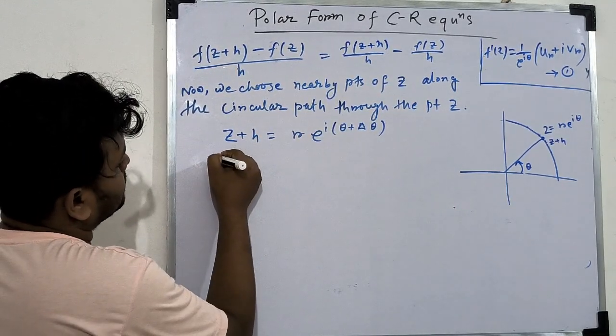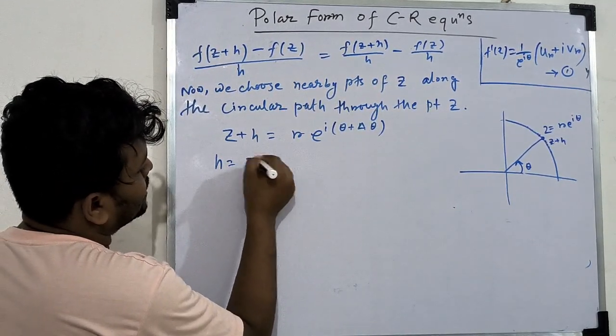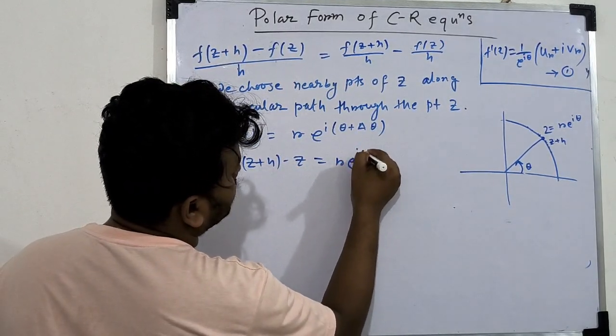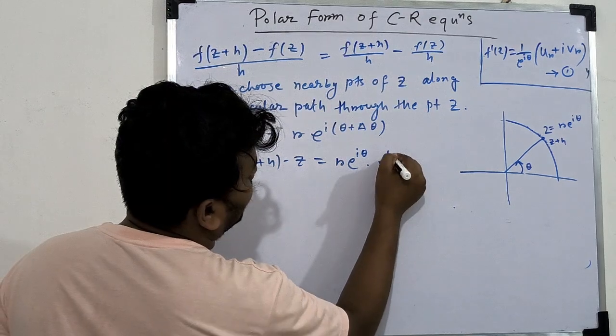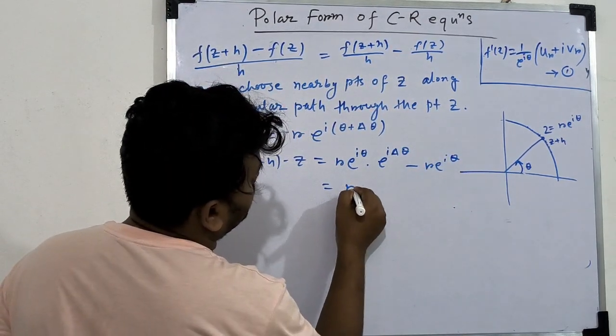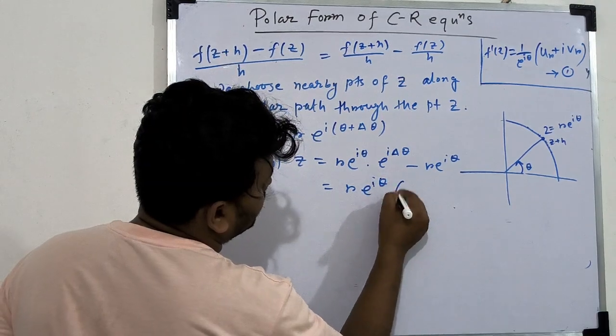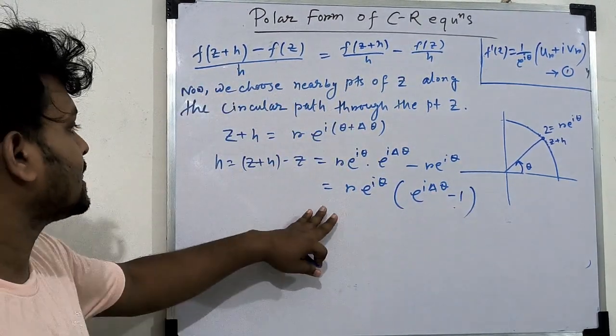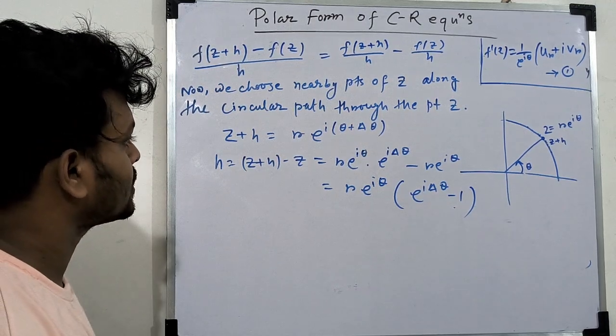So now h equals z plus h minus z, that is r e to the power i (theta plus del theta) minus r e to the power i theta. So it will be r e to the power i theta into (e to the power i del theta minus 1). This is h.